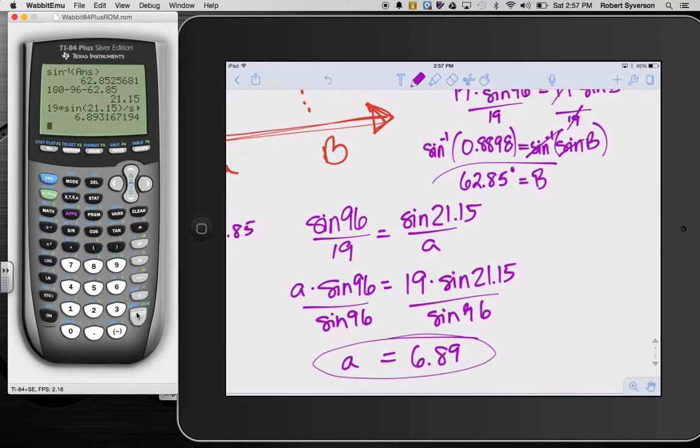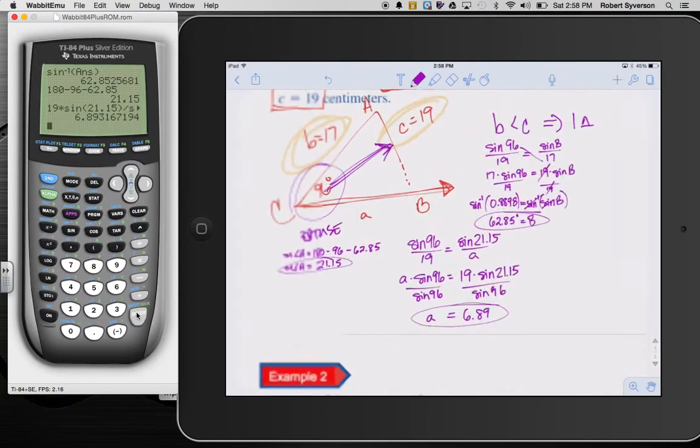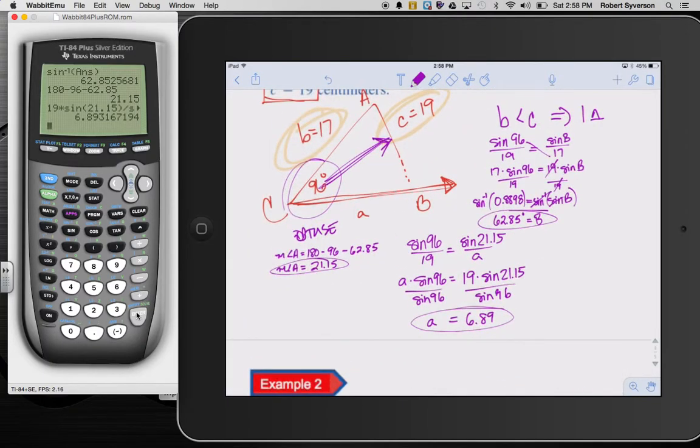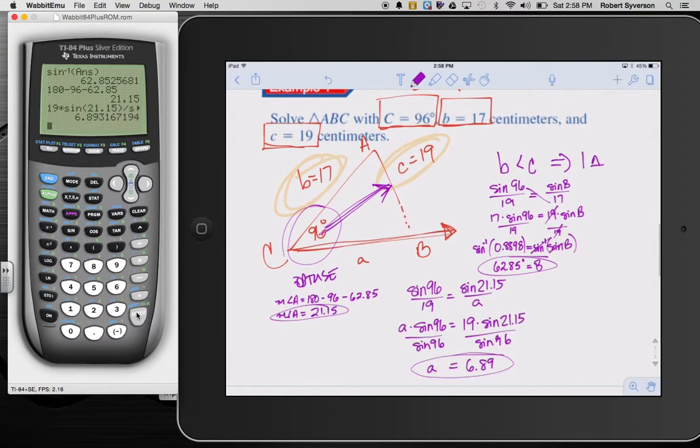There we go. We found all our missing parts. We found angle B, we found angle A, and we found side A. All right, all after we determined that there was a triangle to solve for. If this had come out to no triangle, then we'd be done. There'd be nothing to solve. All right, so, but here we did have a case.